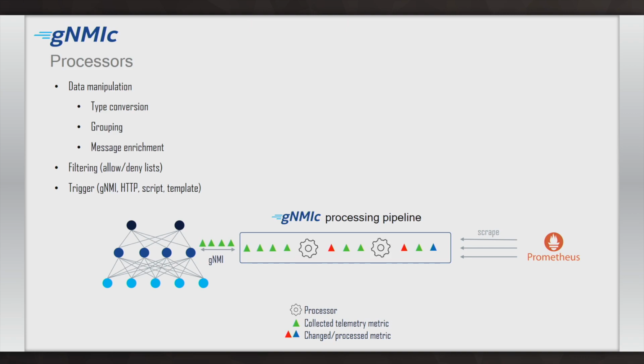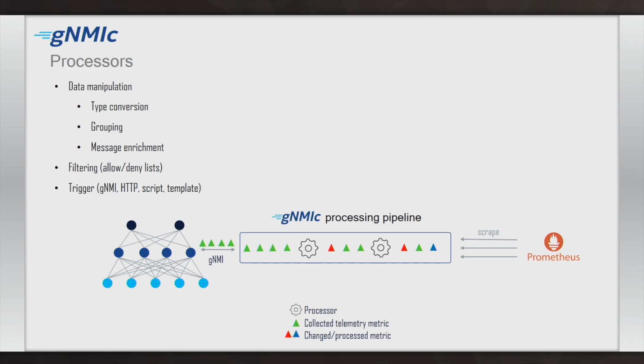You can group messages together to add labels to your interfaces or add more context to the statistics you're trying to collect, like adding the description of the interface to the statistics. You can enrich the message with whatever else you want. You can add arbitrary values. You can add arbitrary labels.